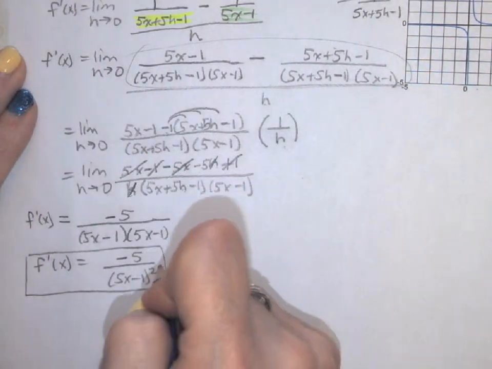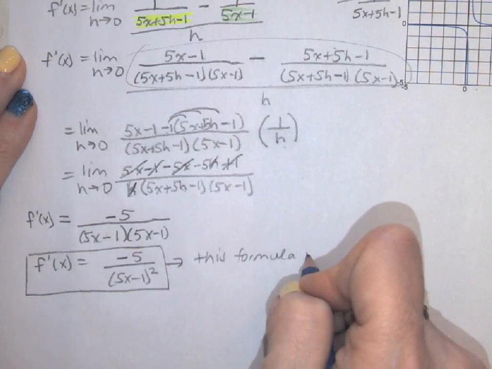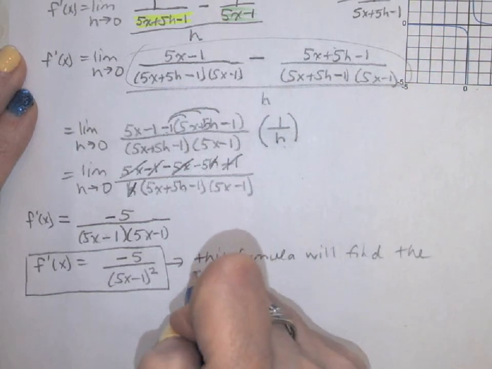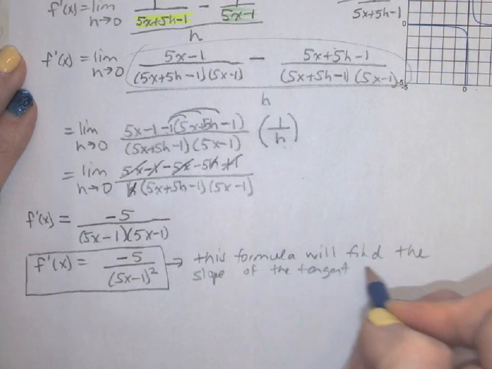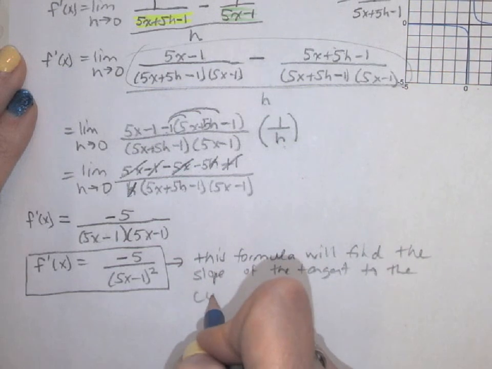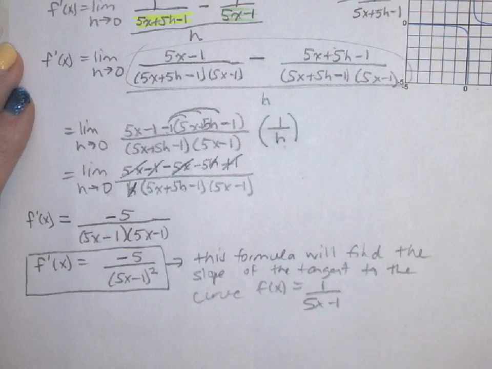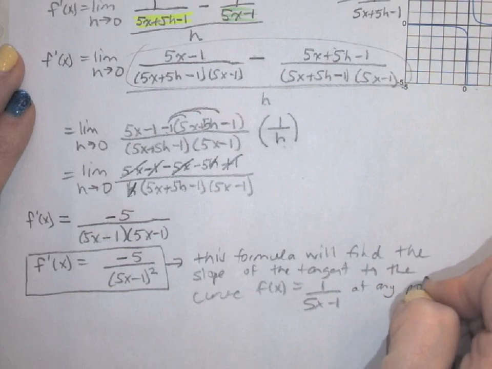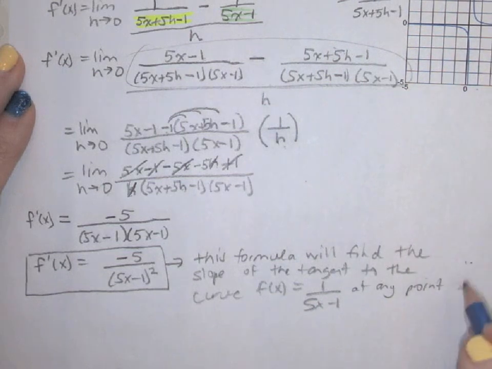So it says describe what it means. This formula will find the slope of the tangent to the curve f at x equals 1 over 5x minus 1 at any point x, f at x.